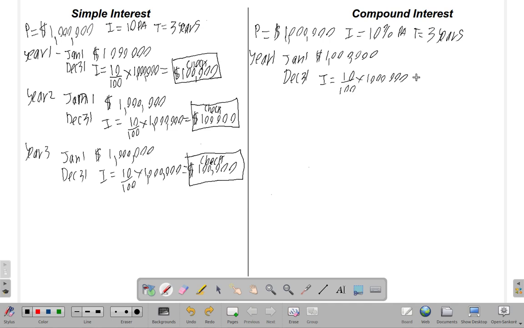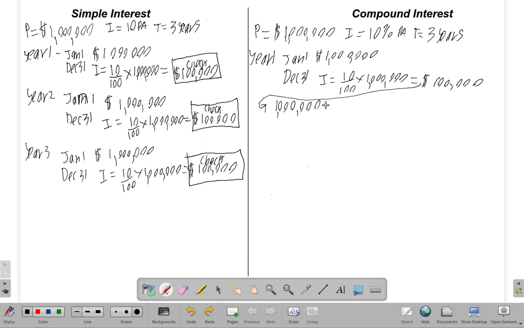10% of $1 million, which amounts to 1/10 of $1 million, is in this case $100,000. But no, they don't print a check and give it to you. What they do is bring it and add it to the $1 million.